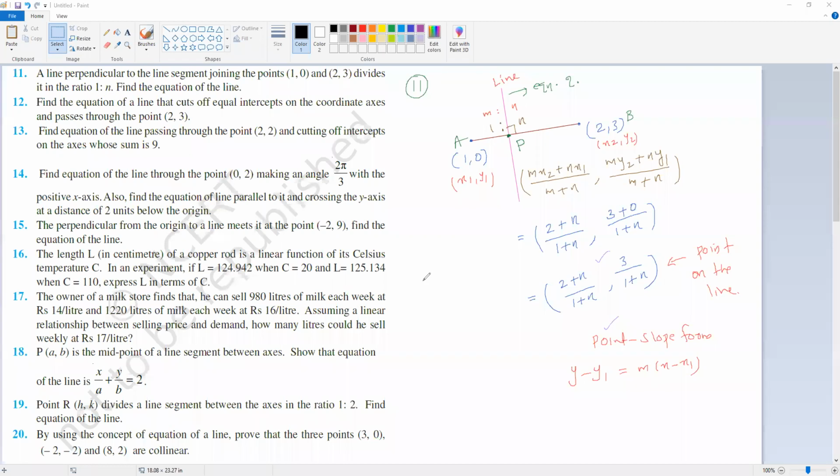Any idea? A simple technique. Are you there listening to me? We need to find the slope of the line. How will we get the slope of the line? That is my question.